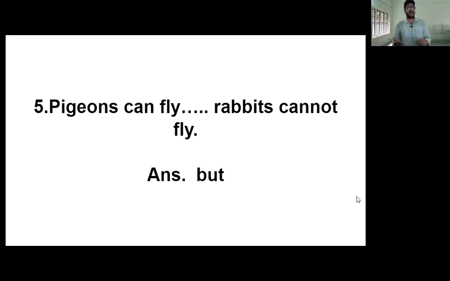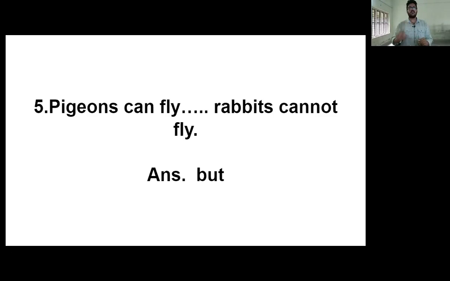Pigeons can fly dash rabbits cannot fly. So these are two different statements. So we are using but. Pigeons can fly but rabbits cannot fly. Did you write the but there?